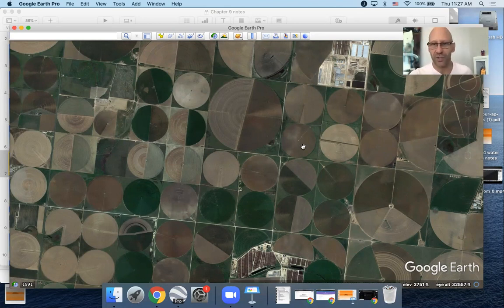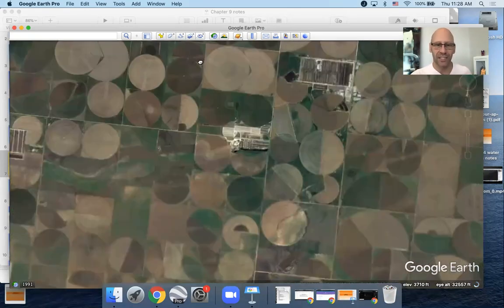Every one of these circles is a hole in the ground connected to the same source of water under the ground, the Ogallala Aquifer. And the part that is crazy is we could scroll for hundreds of miles and what we would see is the same exact pattern. Every single circle that you see is a hole in the ground connected to the same source of water.